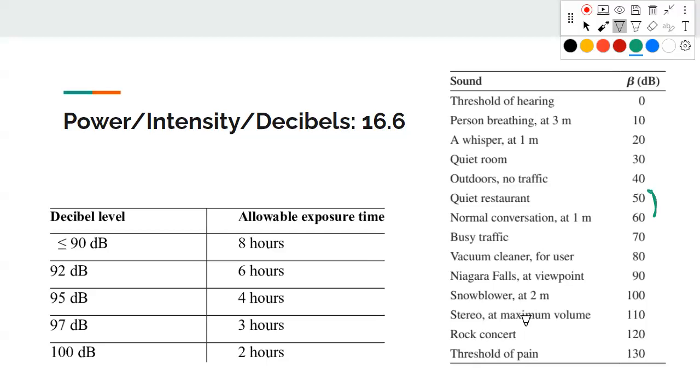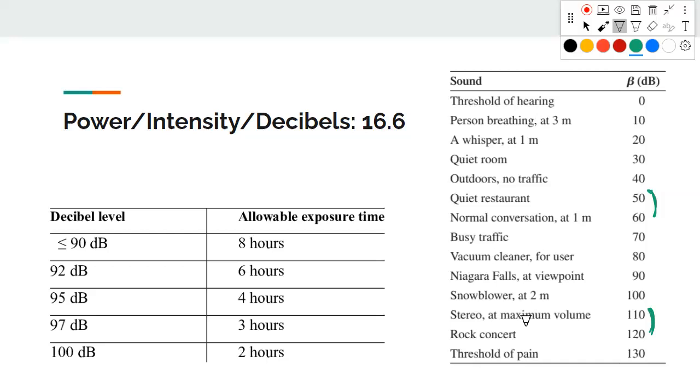And what I want to draw your attention to, and why I put this formula on the left here, is that if you're interested in medicine, there are a lot of painful conditions that result from intense sound exposure. So many of you have probably experienced sound at the 110 to 120 level, but remember that this is a logarithmic scale. So as we go up a little bit in decibel reading, we're talking about a dramatic increase in power.